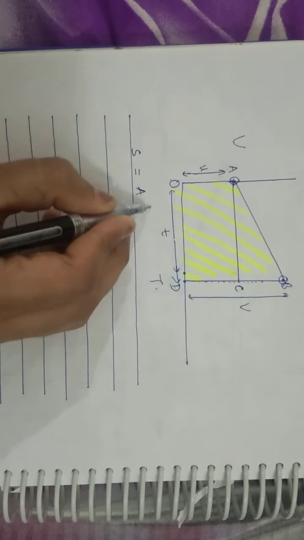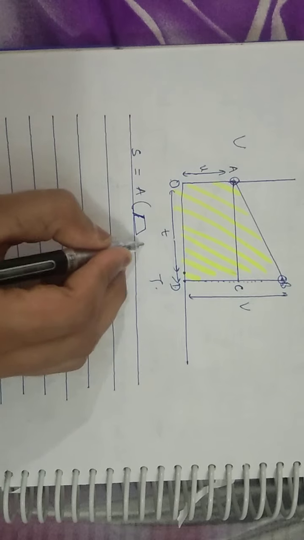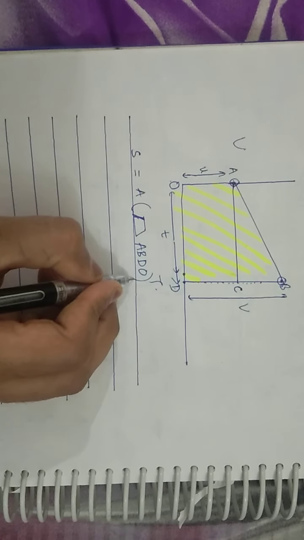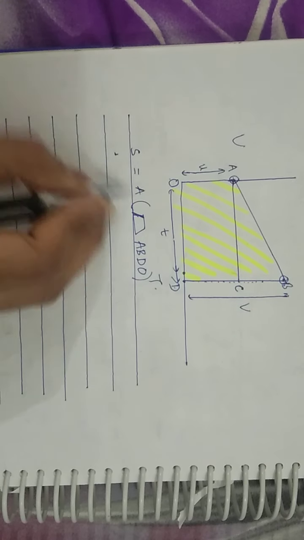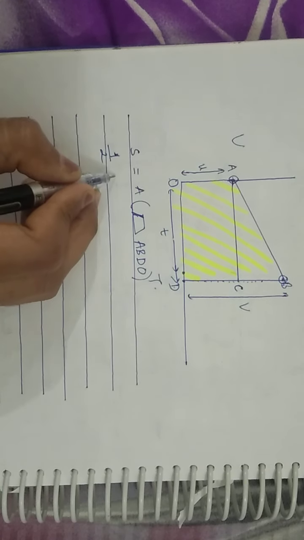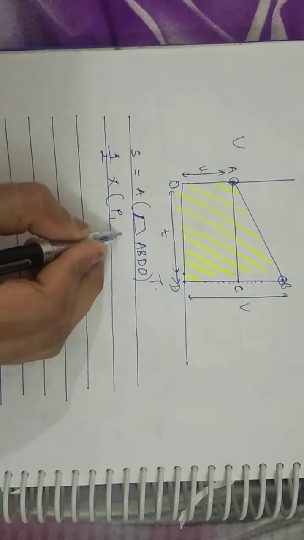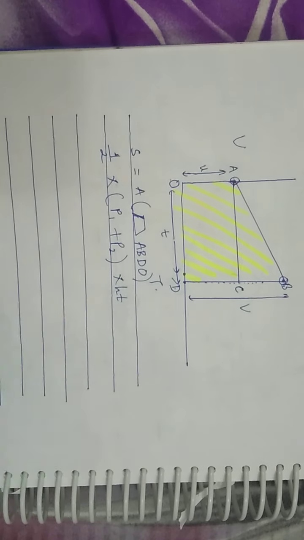So here s is equal to the area of trapezium ABDO. And what is the area of a trapezium? That is half into the sum of parallel sides into height.